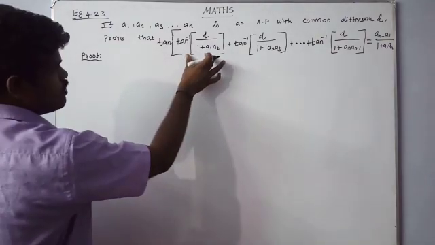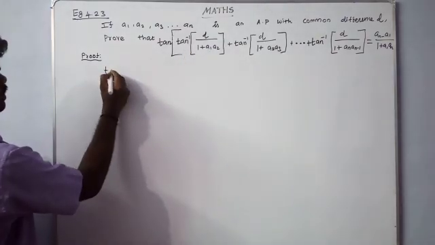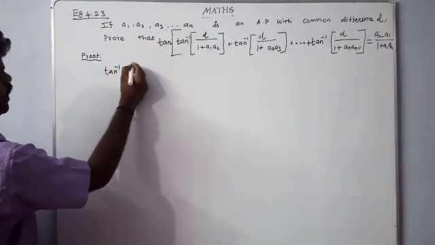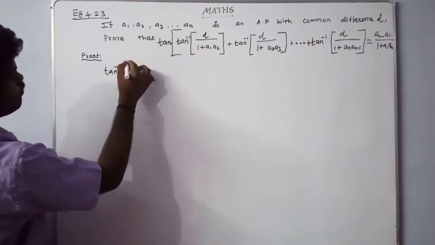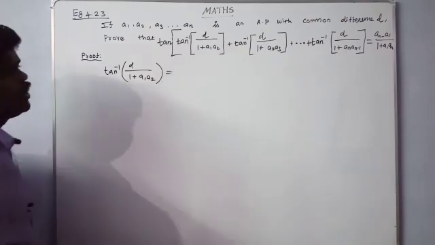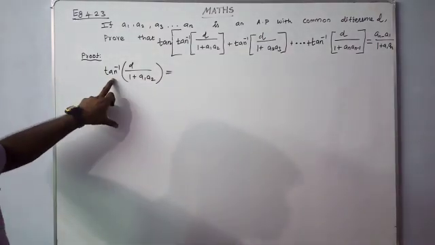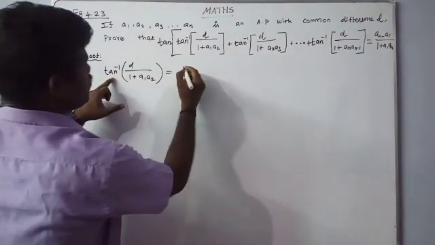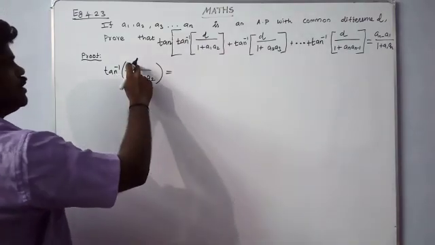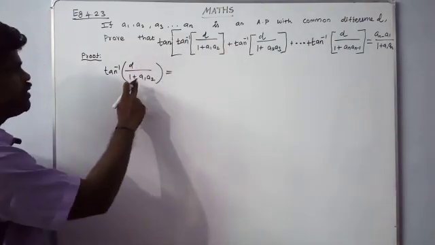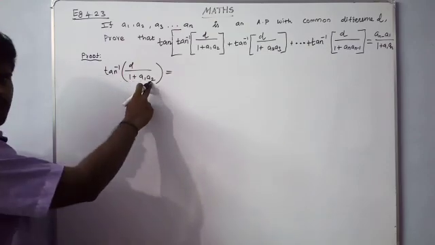First let us take this value, tan inverse of d by 1 plus a1 a2. We have a formula in property 6. What is the formula? Tan inverse of a1 minus a2 divided by 1 plus a1 a2.